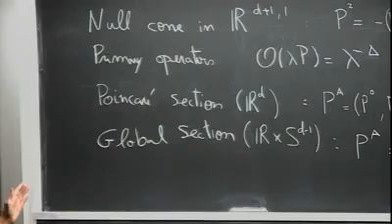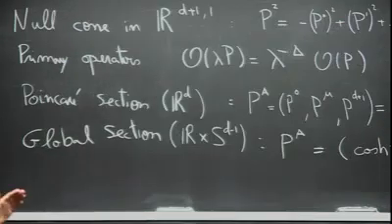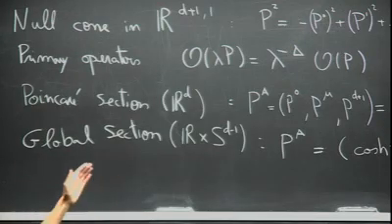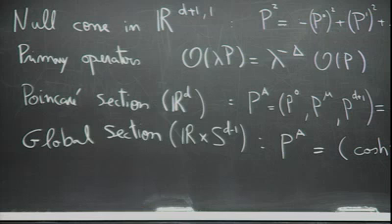Okay, so we saw that primary operators just become operators that satisfy this scaling property along the light rays in this embedding space, and then we saw that when you want to go to some particular physical space-time, you just choose a section of this light cone, and we discussed in particular these two sections that you also studied in conformal field theory, just one that takes you to R^D and another one that takes you to the cylinder.